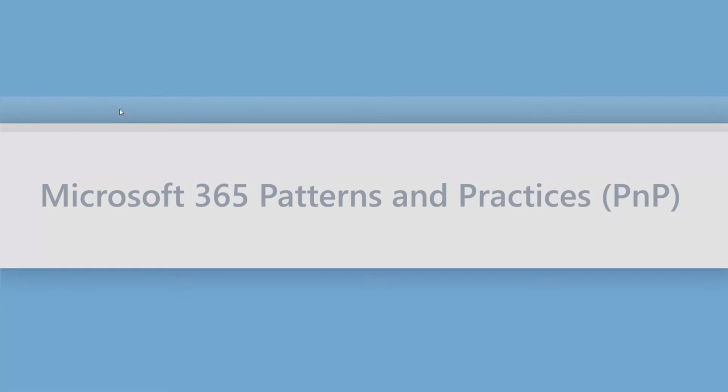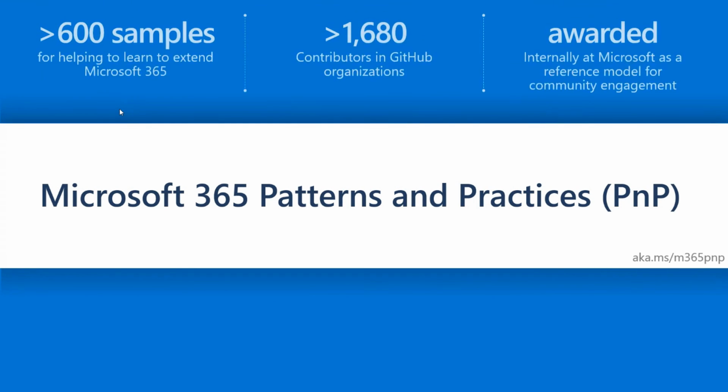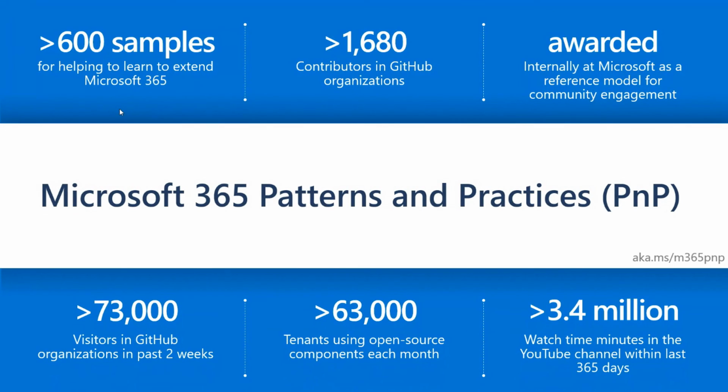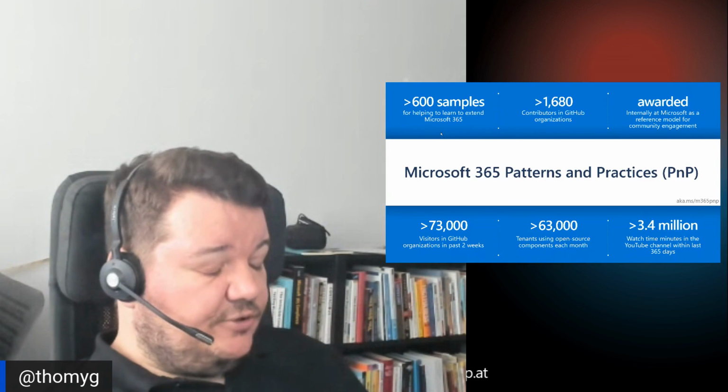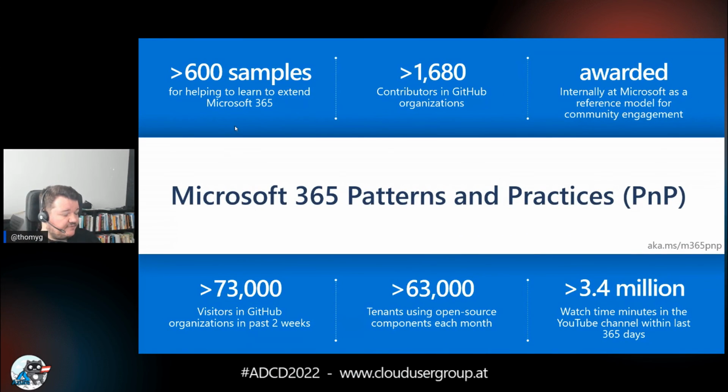Please check out all the different resources of the Microsoft 365 Patterns and Practices group, aka.ms/m365pnp, for all the different samples, not only for Teams, but of course for everything in Microsoft 365. I think there are now 3 or 4 samples already available based on Blazor. I'm in the process of publishing the latest ones based on the SDK that's 2 weeks old. So in a couple of days, that should be available there as well.